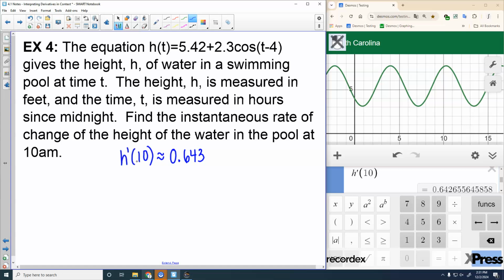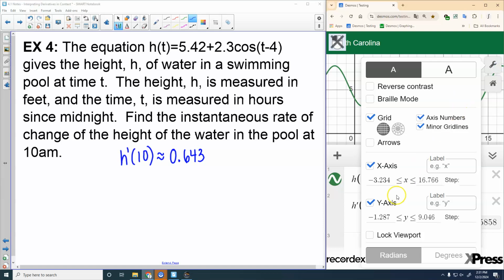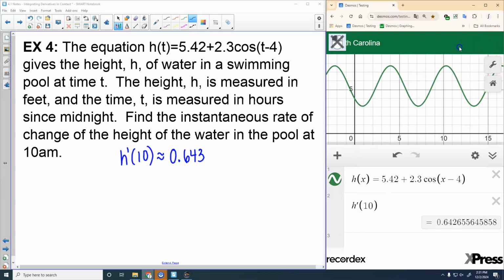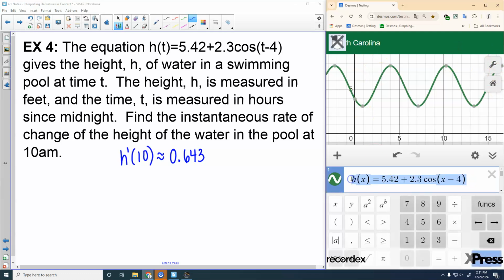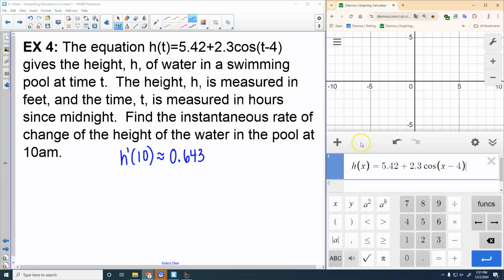So in this case, on that graph right there, I'm going to put the graph over here. I shouldn't have even used this one. It won't let me put the pictures in. Let's go over here.